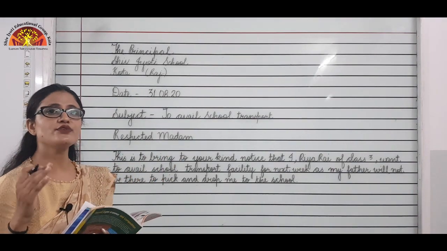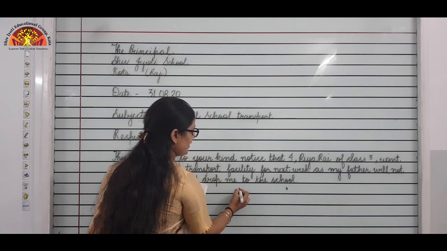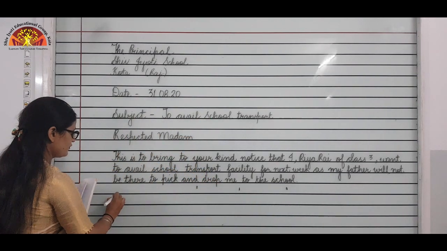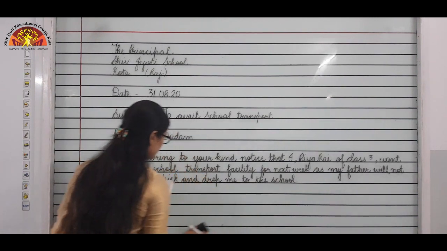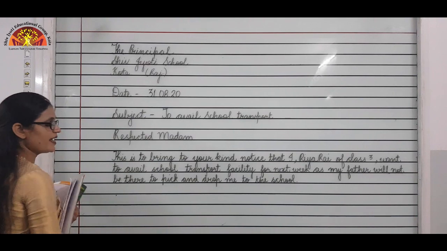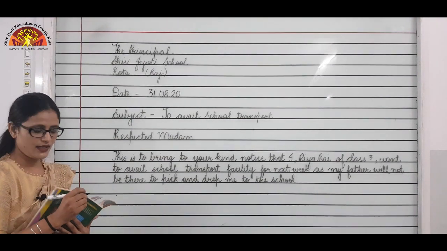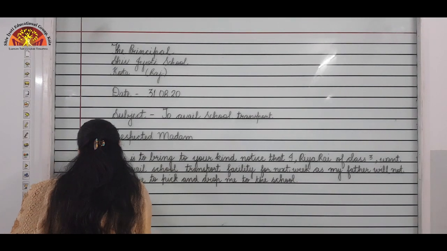Now if you want to change the paragraph, we will not start it from here or here or here. We will start it from here. If you want to start the next paragraph, you will start from the beginning of the line. Okay, now the next paragraph is I request.